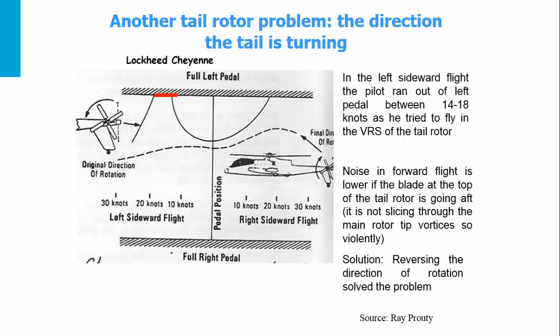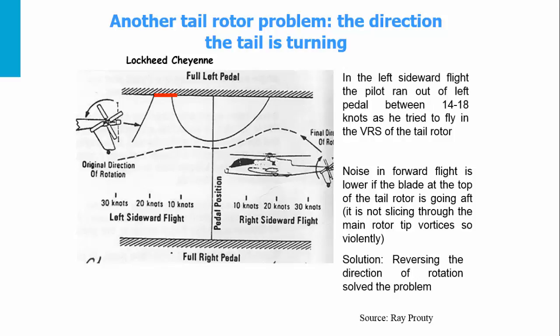In left sideward flight the pilot ran out of pedal. You see the red region, and that happened between 14 and 18 knots as he was trying to get out of the vortex ring state of the tail rotor. Therefore, the direction of the tail rotor was changed, and you see that now the pilot was out of the problem.